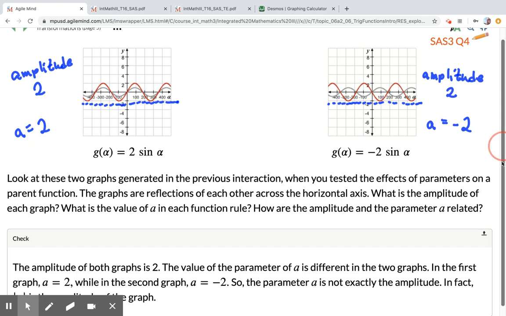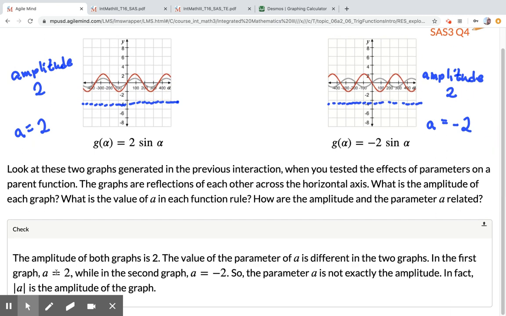The reason we use A for the A value is because it's actually the amplitude of our function. Although I'm going to rephrase that. The absolute value of your A value is the amplitude of the function.